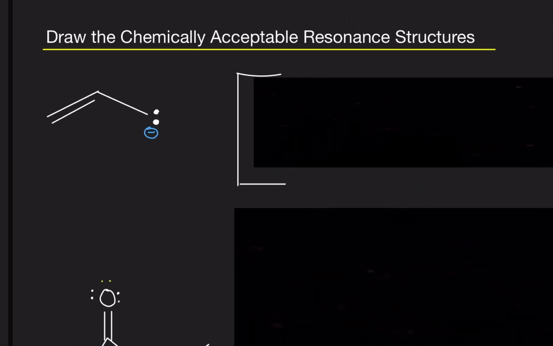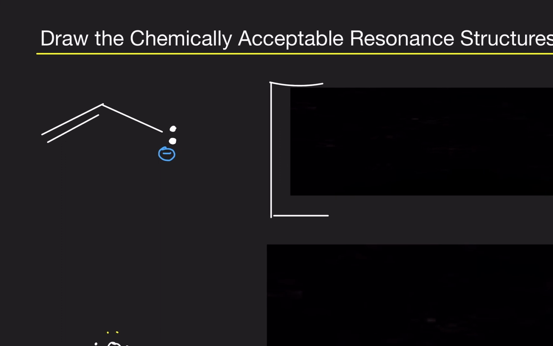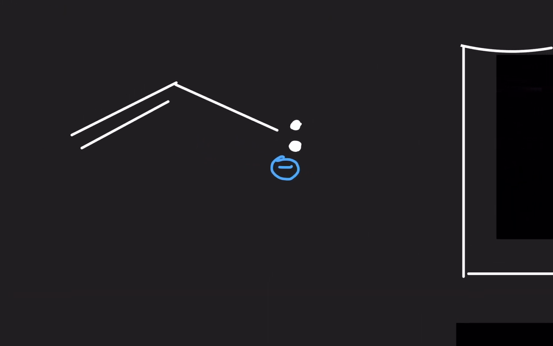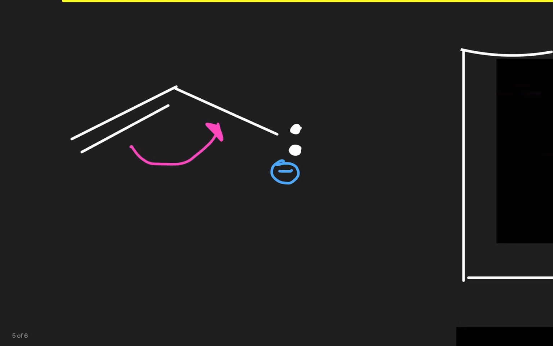So now let's draw the chemically accepted resonance structures for this. Okay. So you're probably thinking to yourself, why don't we just do this and move the bond here, right? But what do we do with these lone pairs? We can't just leave them. We can't do this, right? Because this is like moving two spaces.